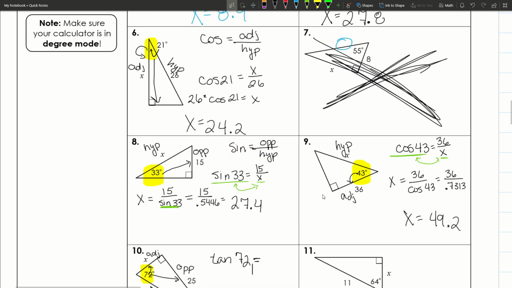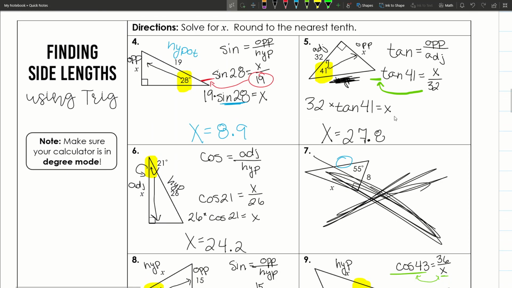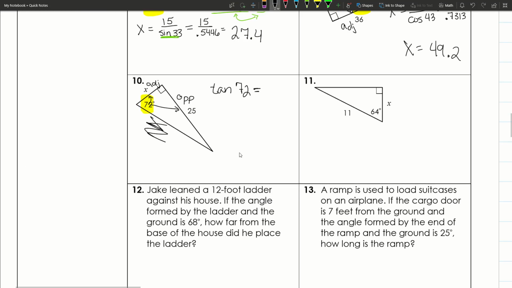And it is opposite over hypotenuse, right? Well, opposite over adjacent, not hypotenuse, Miss Leedy. Opposite on top, 25. Adjacent on the bottom, x. We flip-flop our tangent and our x, so we would have x equals 25 over tangent of 72. The tangent of 72 is 3.0776.